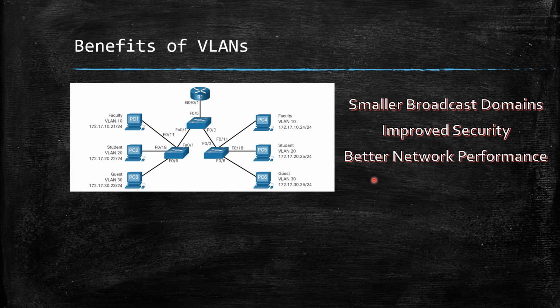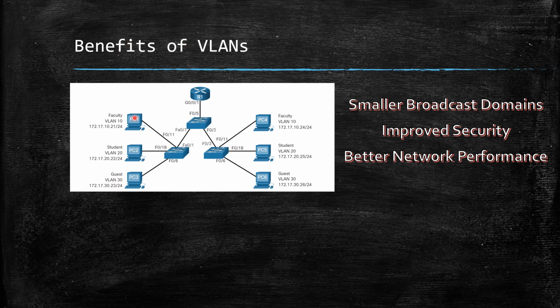The third and most advanced benefit that VLAN provides is better network performance. As you can see over here, the first benefit was smaller broadcast domains. If we forward a frame in a network which has a larger broadcast domain, the broadcast frame will go into the whole network, and that's how the network performance will go down.